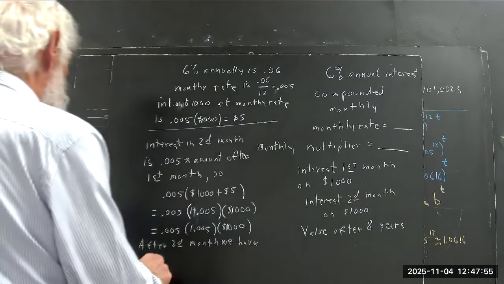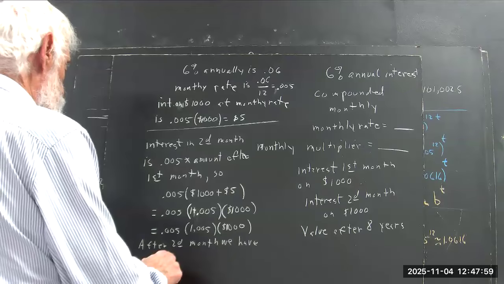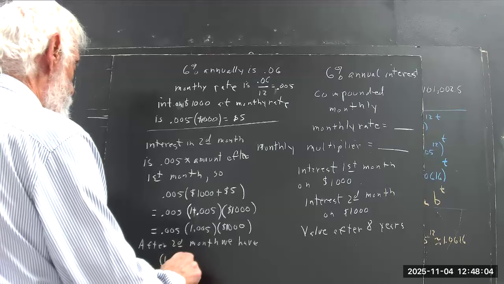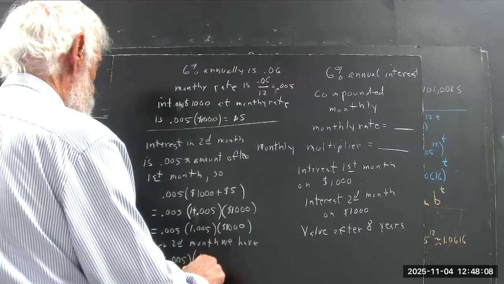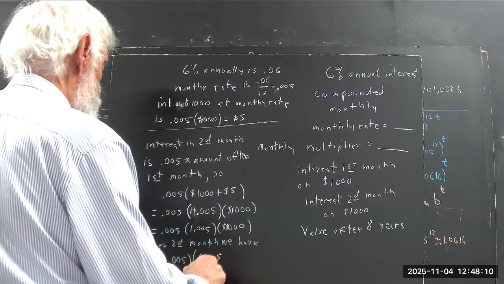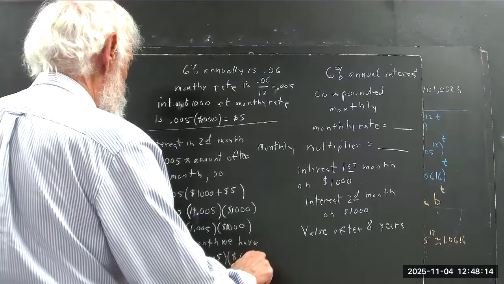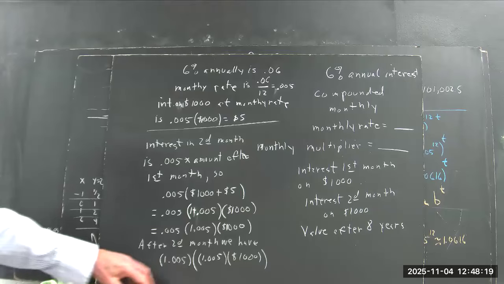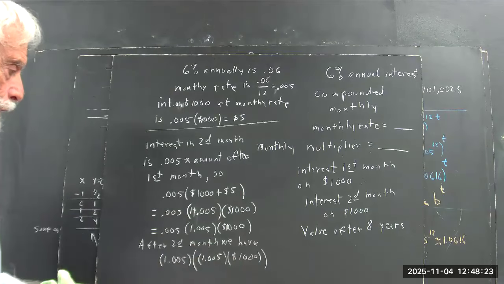Now I'm skipping a little bit, but after the second month, I claim that we're going to have 1.005 times 1.005 times $1,000.